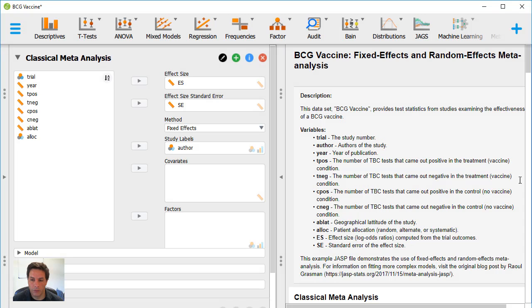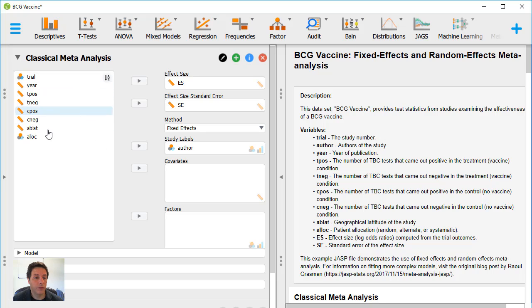Okay, so we move here, and we are going to do classical meta-analysis and Bayesian meta-analysis. Bayesian very, very briefly, and within classical meta-analysis we have two types: fixed effects and random effects.